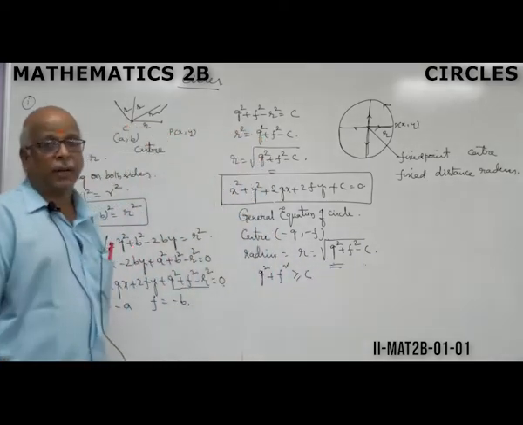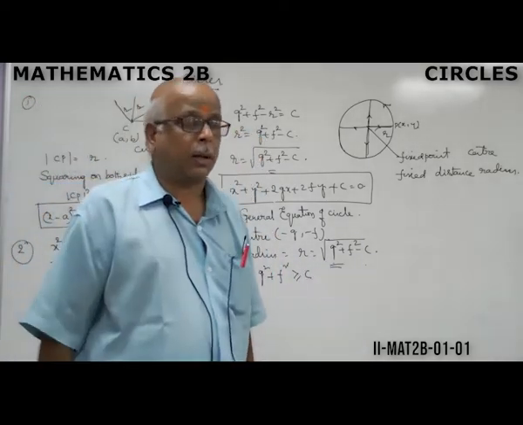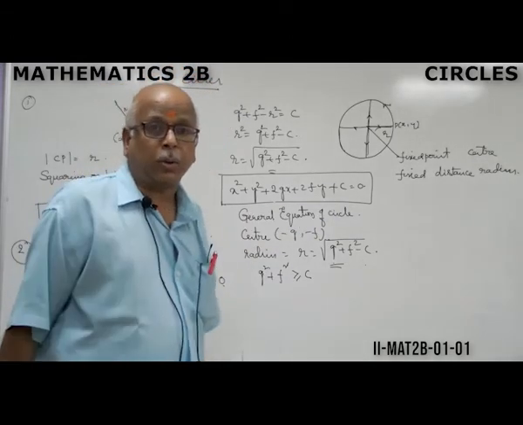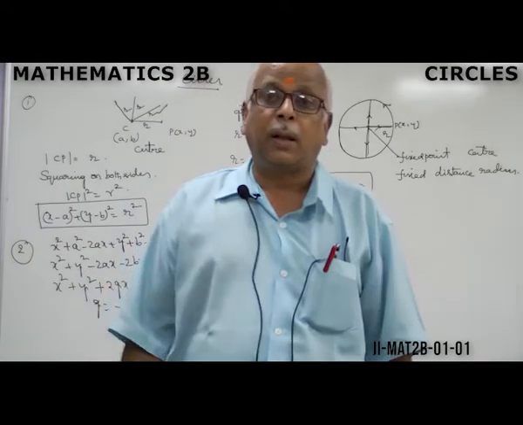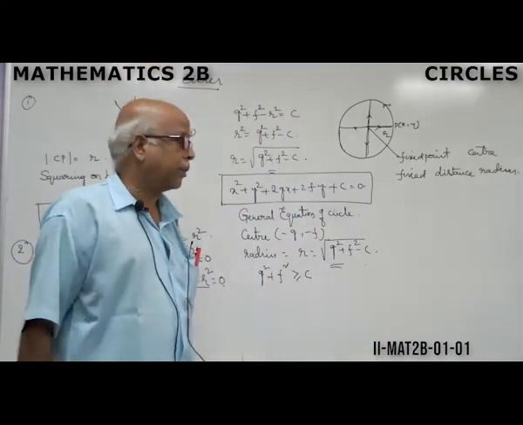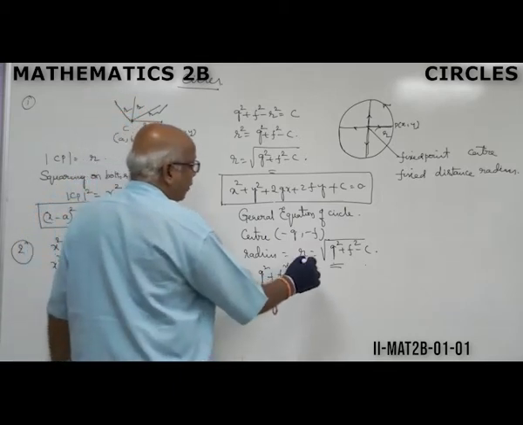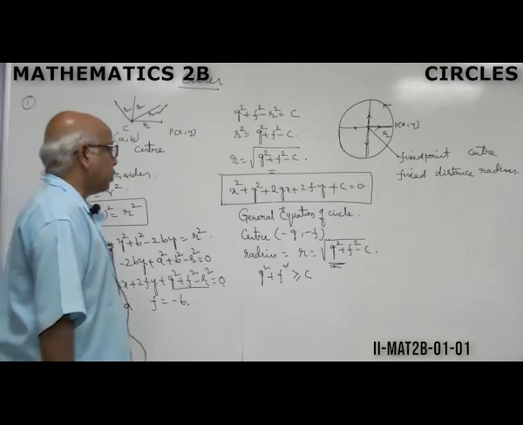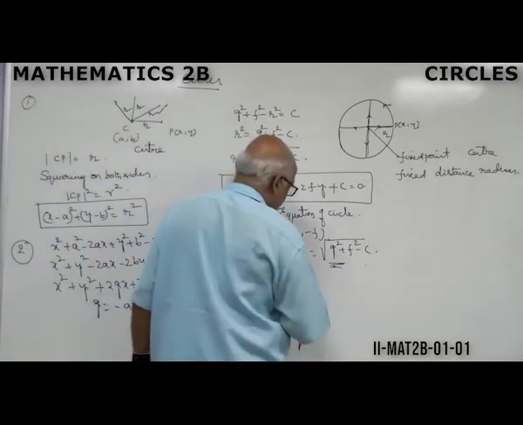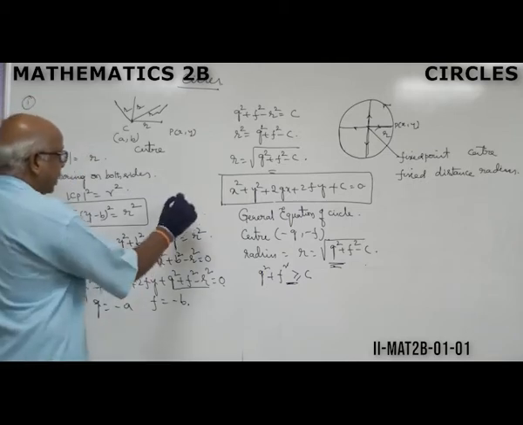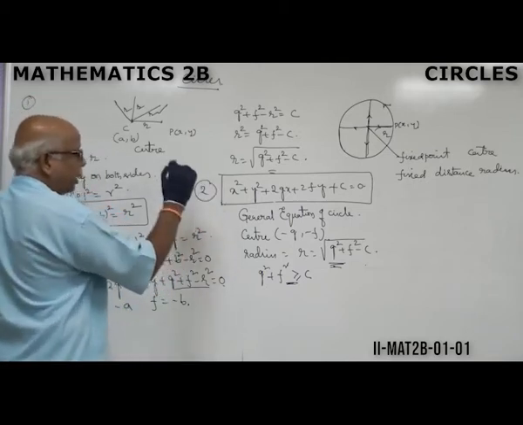In the case of negativity, we can observe the root of a negative number leads to an imaginary quantity. With an imaginary radius, there won't be any circle at all. Therefore, for the well-defined nature of this circle equation, g square plus f square should always be greater than or equal to c.